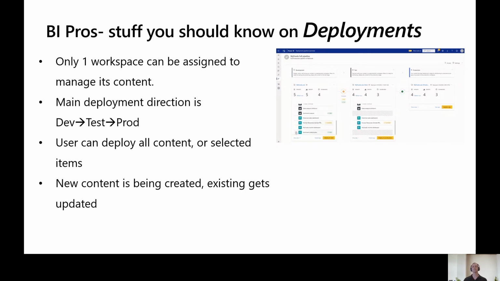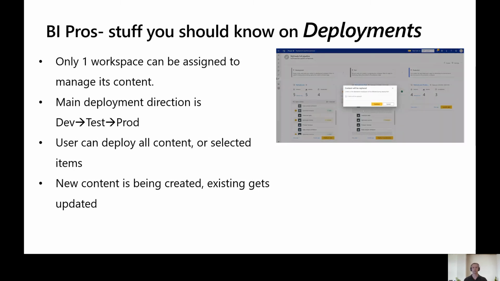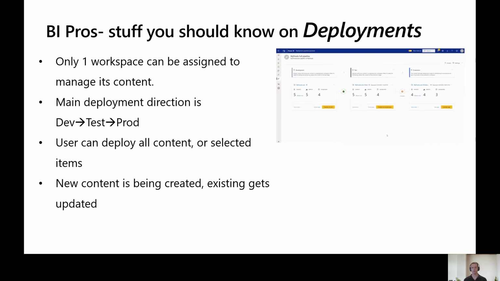Also note that you can't deploy a report or dashboard alone if it doesn't have a dataset to connect to in the target workspace. You need to deploy them both together. However, if it's a report connected to an external dataset, it can be deployed and the new report will continue to point to the same dataset outside of the pipeline.